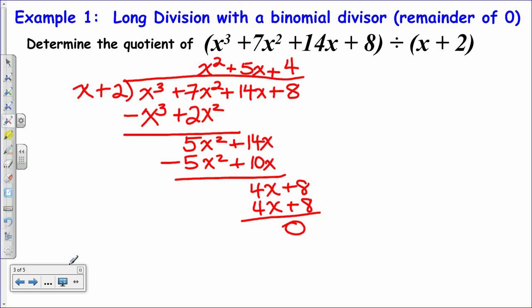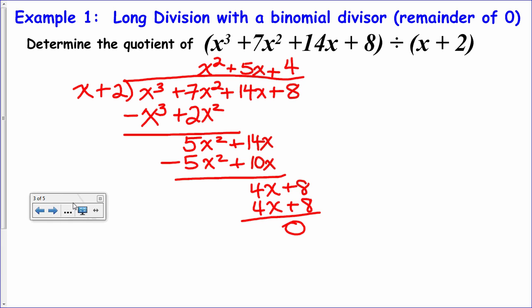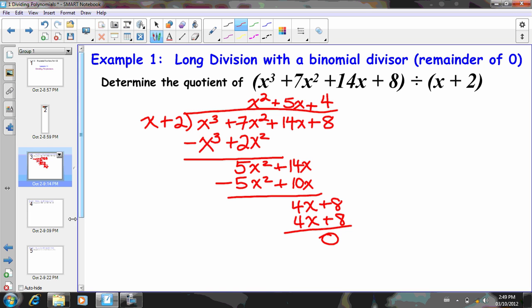So now, and this is one of the skills actually that you'll use for this unit, if I wanted you to fully factor x cubed plus 7x squared plus 14x plus 8, you can now factor it completely, because you know that, and I've just lost my pens, so I'm going to try to get green here.